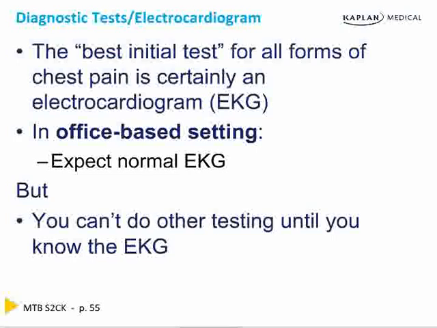What if it showed Q waves in an old MI? Then you know there's coronary disease. What if there are other findings that make the EKG unreadable for ischemia? You must do the EKG first, even when you don't think there is real ischemic pain.